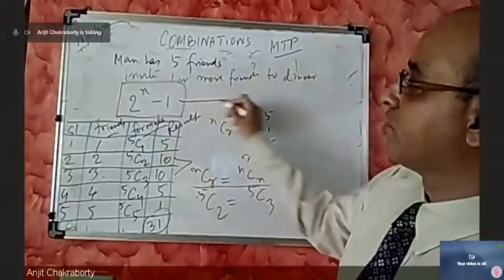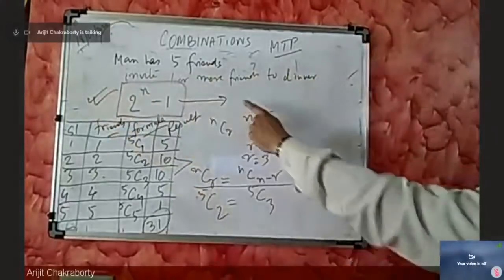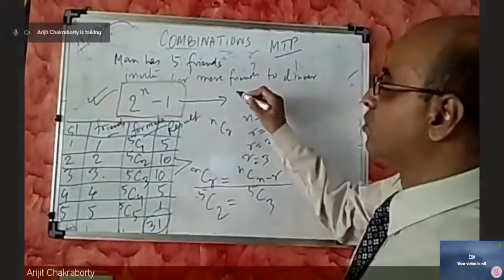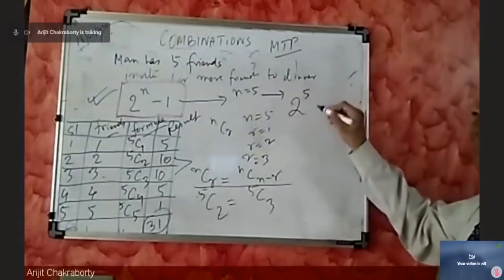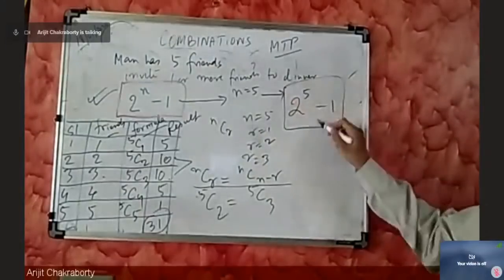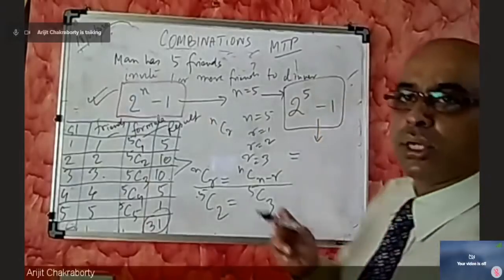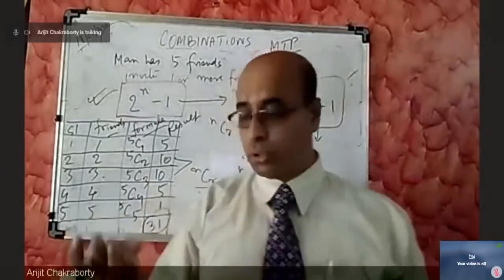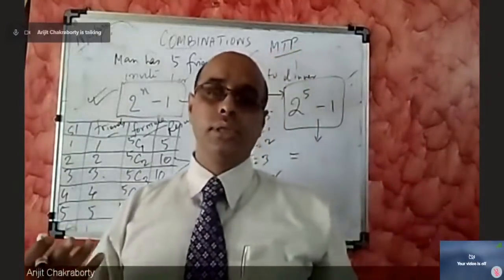So please note this formula. For using this formula, if you put n equal to 5 here, you get 2 to the power 5 minus 1. 2 to the power 5 is how much? 2 into 2, 4 into 2, 8. Into 2, 16, into 2 is 32.